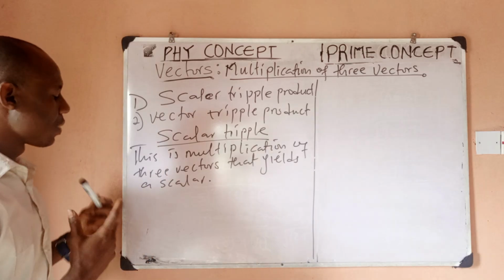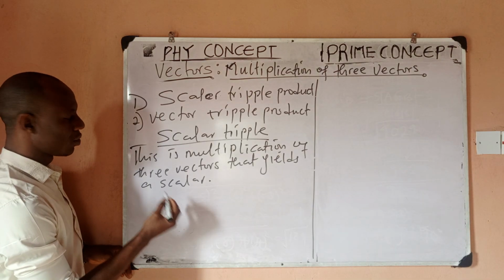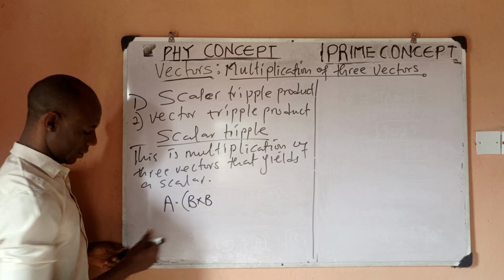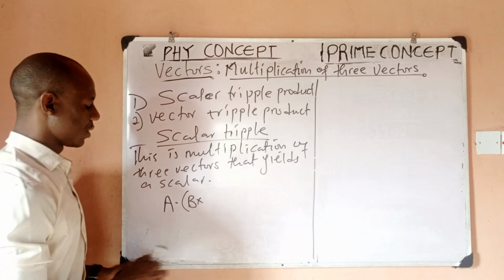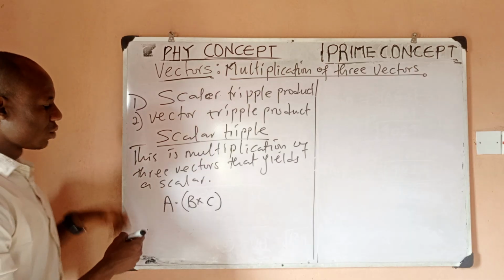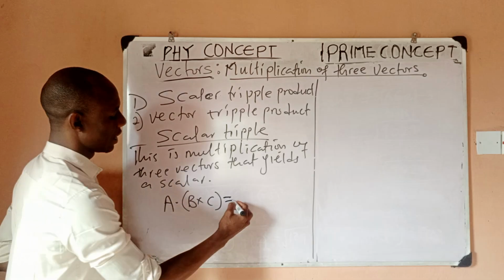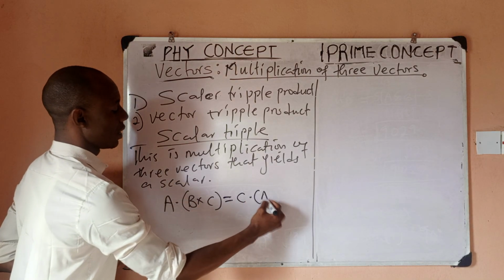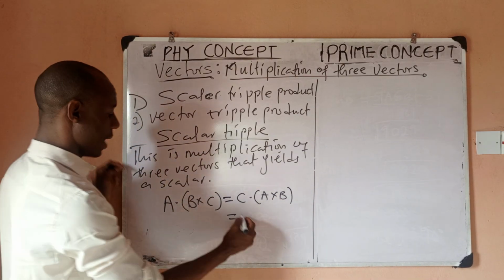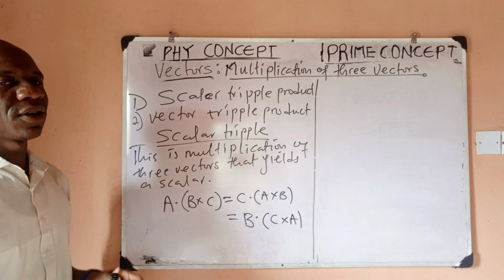How is it done? Say we have three vectors A, B, and C, then their scalar triple product is going to be A dot B cross C. So this is the scalar triple product, A dot B cross C. And this result is actually the same as C dot A cross B. This is also the same as B dot C cross A. So these three would always give us the same answer.